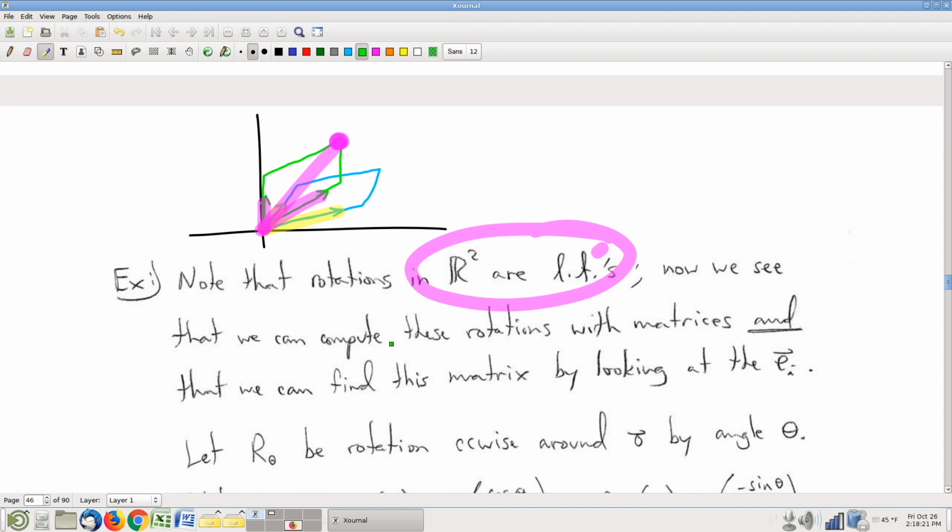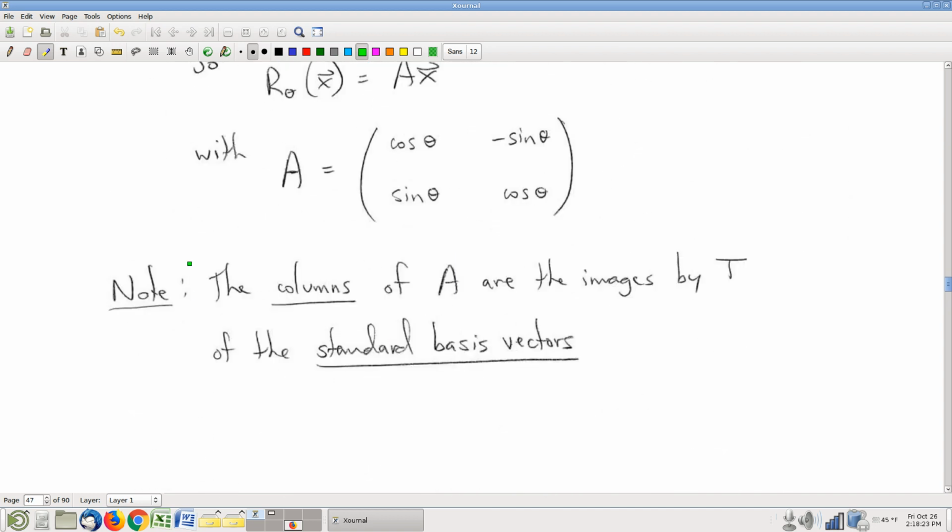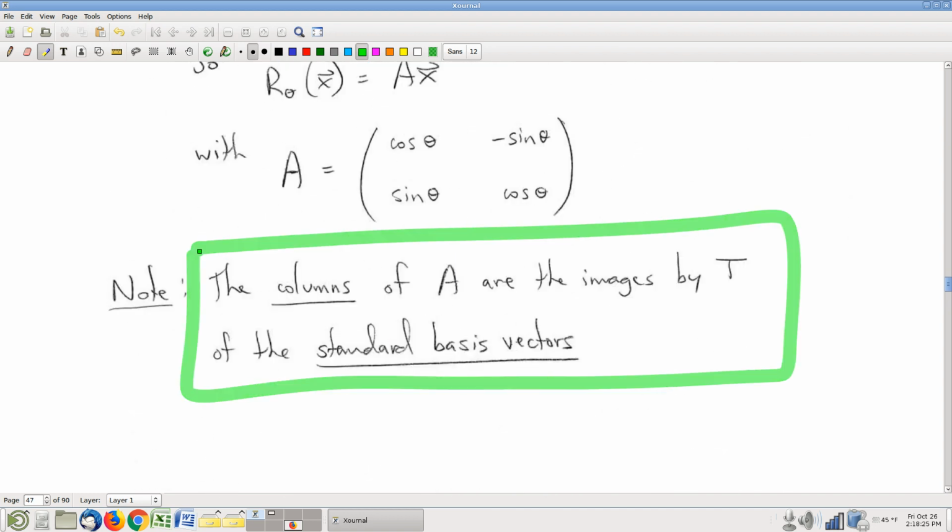I like to think of that as a little phrase that you can repeat to yourself over and over again until you've unavoidably memorized it. The columns are the images of the standard basis vectors. Just make sure that you're really, really solid on this. This is a very, very important fact in linear algebra, relating matrices and linear transformations.